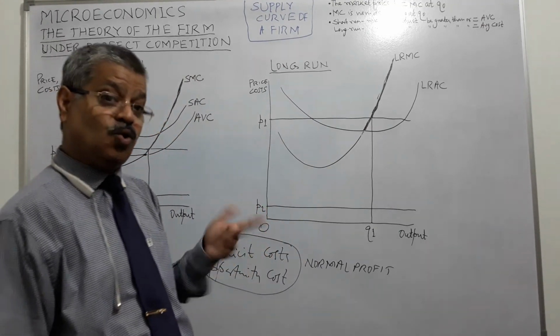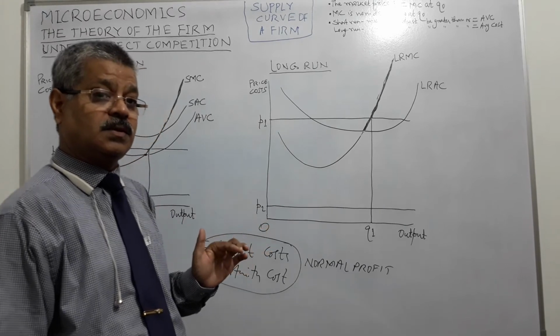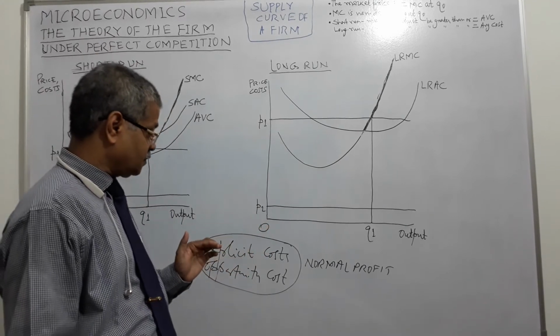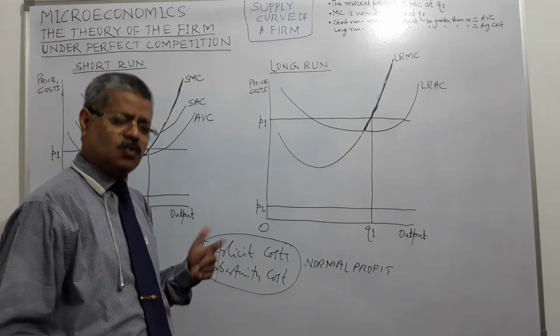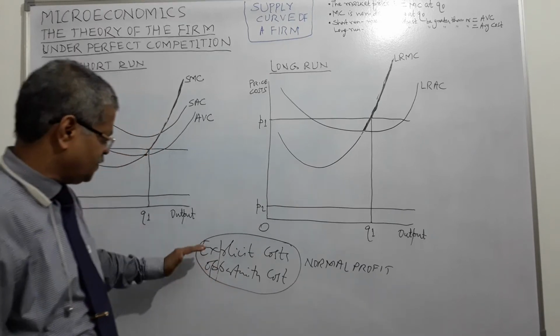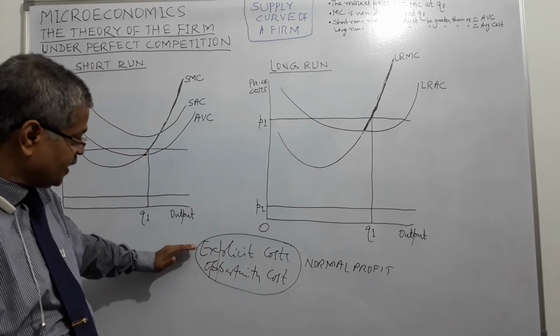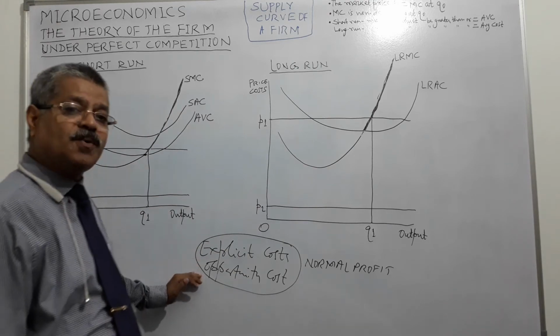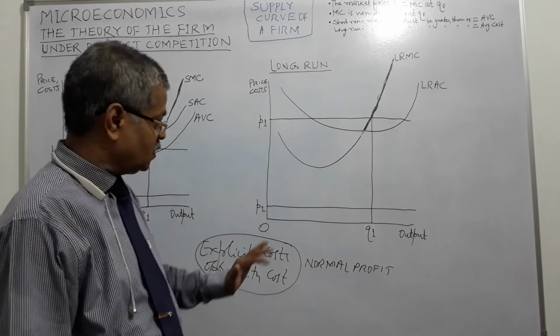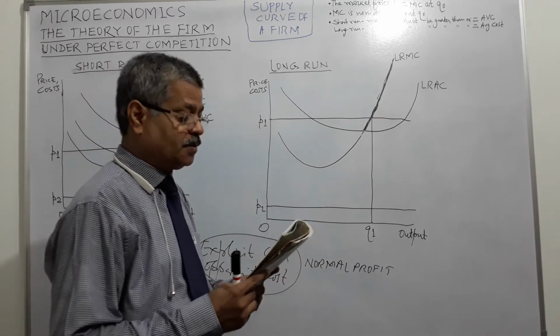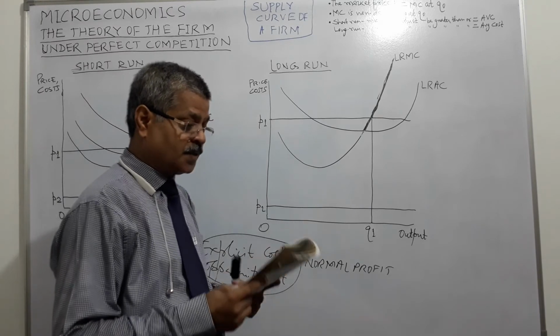Means no profit. No profit, no loss. Since the firm is able to recover explicit cost as well as opportunity cost, that point is zero level of profit.